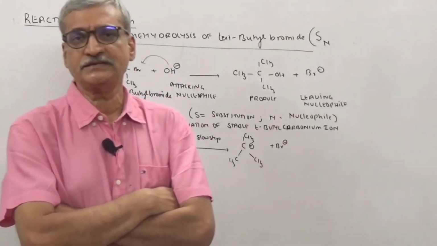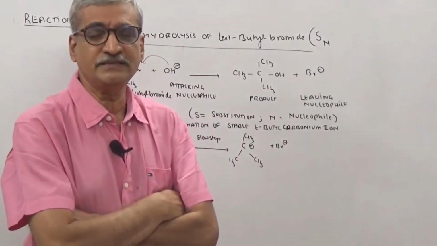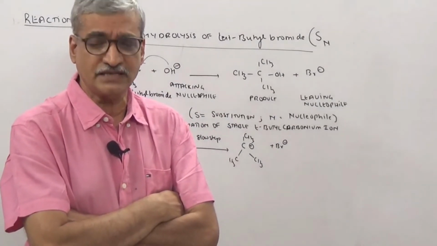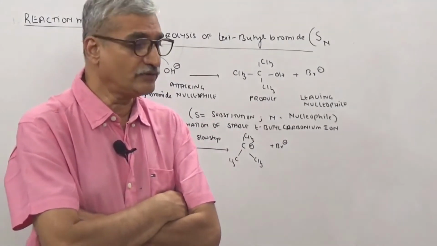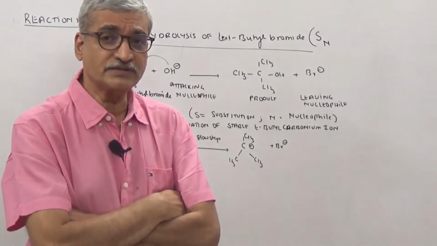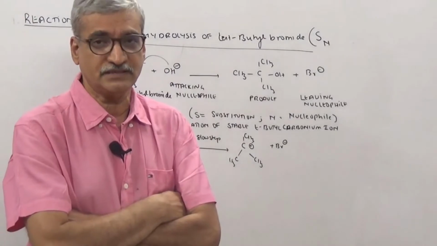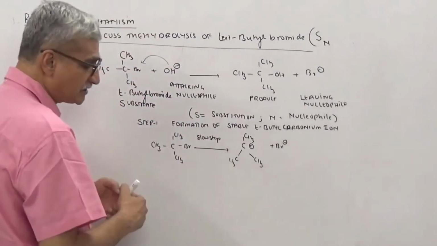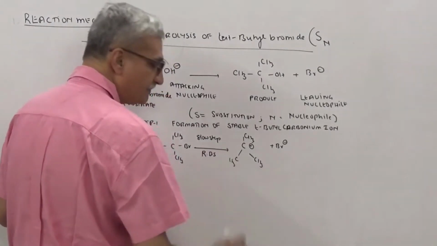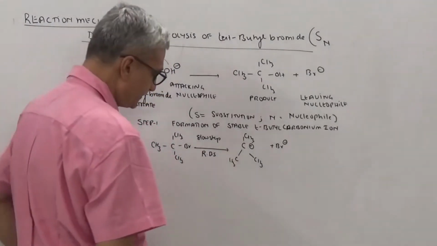What are complex reactions? Those which take place in many steps. In a reaction which takes place in many steps, the step which is slow will be the rate determining step. So here this is the slow step, therefore this is the rate determining step. RDS means rate determining step.